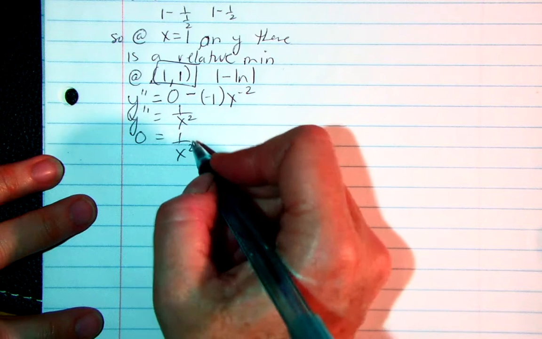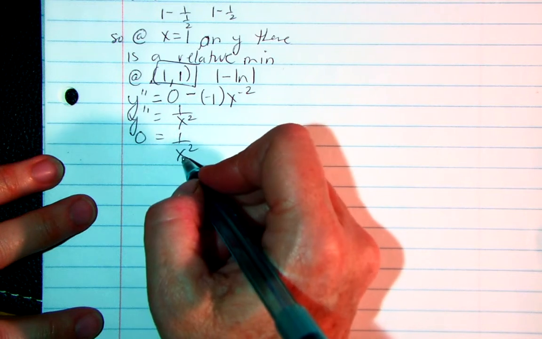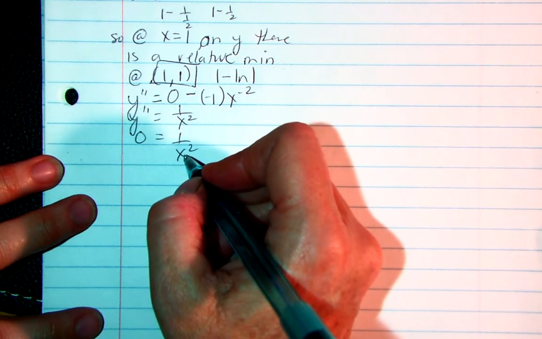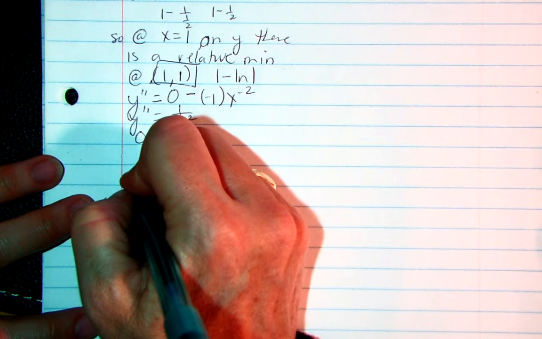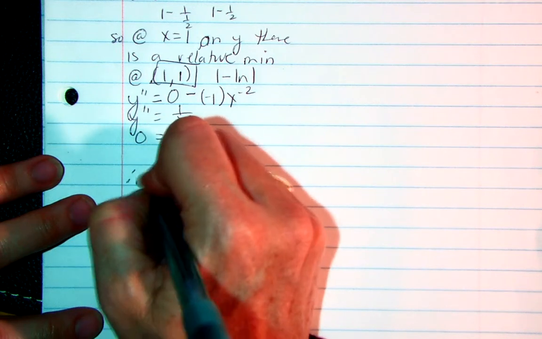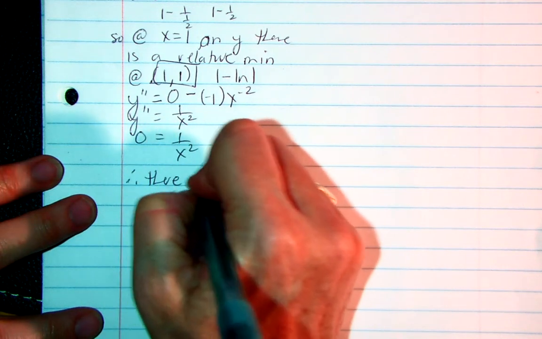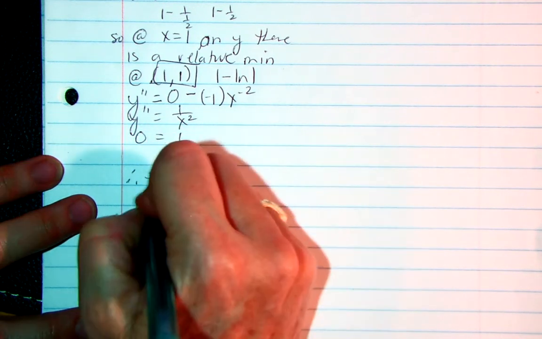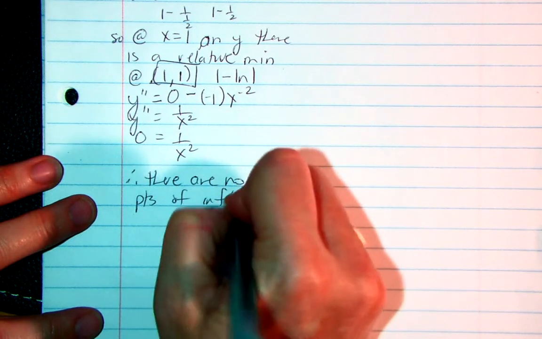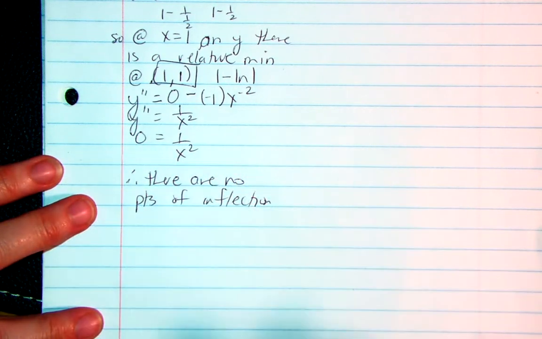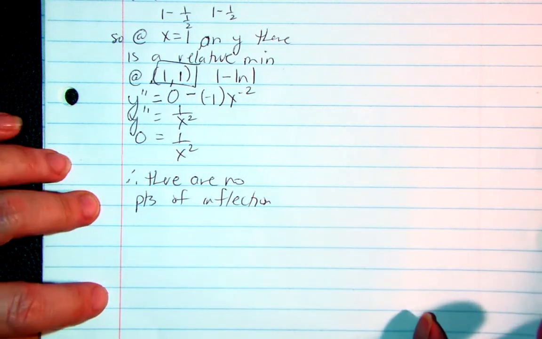And remember, when we find points of inflection, we don't look to see where it does not exist. That's only for relative min and max. So therefore, there are no points of inflection. That's number 84.